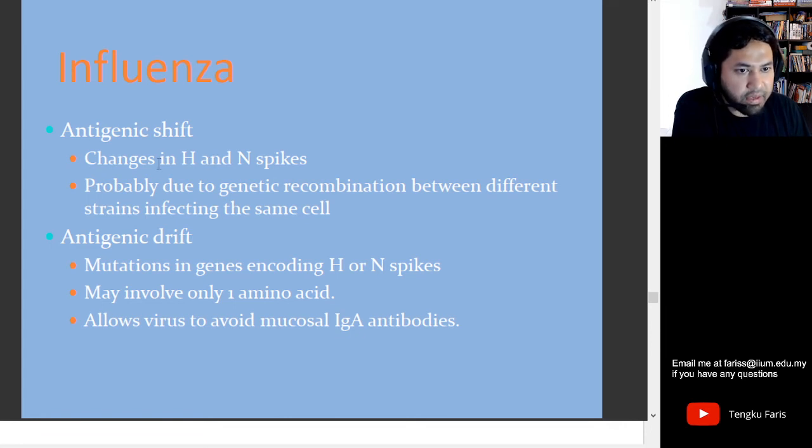Antigenic drift and antigenic shift are two different terminologies. Antigenic shift means changes in H and N spikes, probably due to genetic recombination between different strains infecting the same cell. Antigenic drift refers to mutations in genes coding H or N spikes, involving only one amino acid, and allows the virus to avoid mucosal immunoglobulin A antibodies.